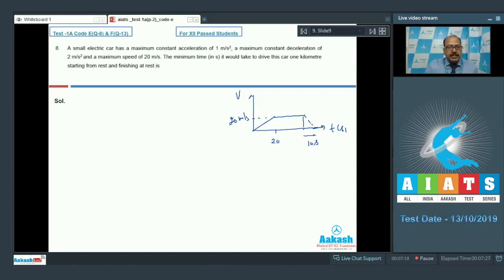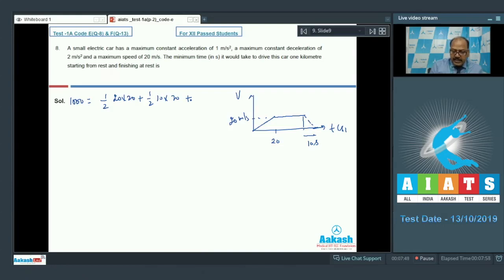Now the displacement is 1000 meters, which equals the area of this trapezium. So the equation is 1000 meter equals area of this triangle, which is 1 by 2 into 20 into 20, plus area of the other triangle, which is half into 10 into 20, and plus area of the rectangle.